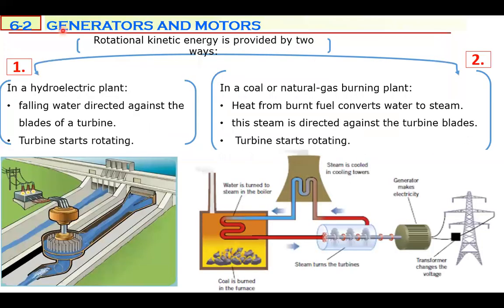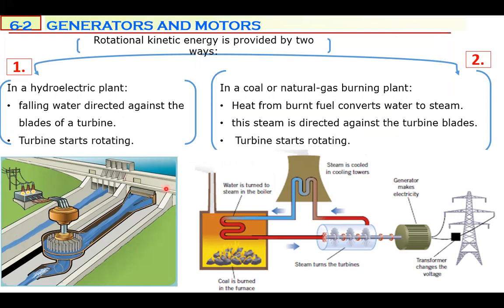And this rotational kinetic energy is provided in two ways. One of them is hydroelectric plants, used to rotate the coil inside the generator. This figure is representing the generator, and this is the dam. You cut the river, and the water rises, increasing the potential energy.